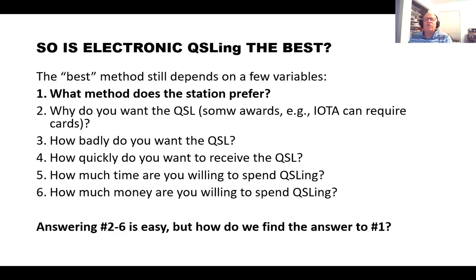IOTA, if you're checking for Islands on the Air, they can require cards. And if you go online, and I didn't save the report, there's an online awards directory. Just search QSL awards online. I believe it's K8 something or other. I can't remember what it's called now.